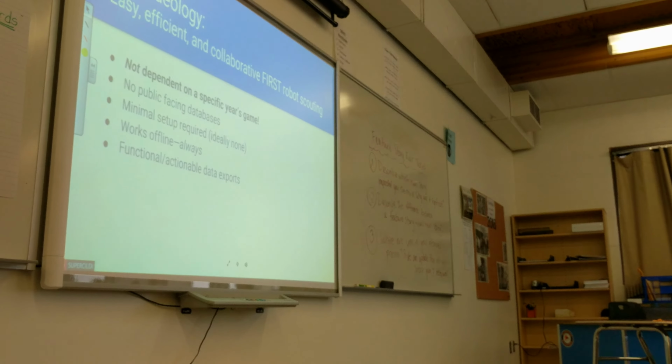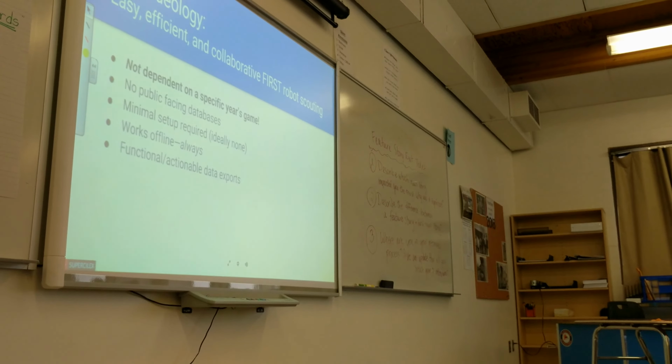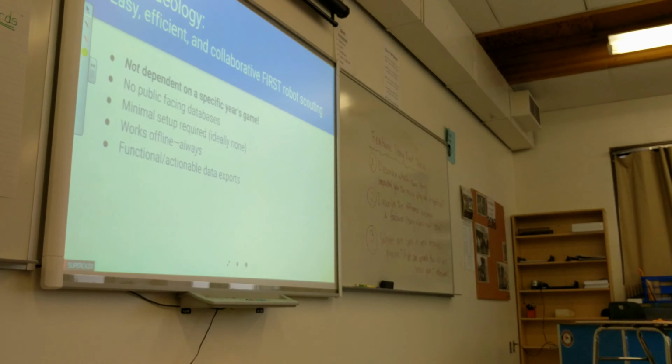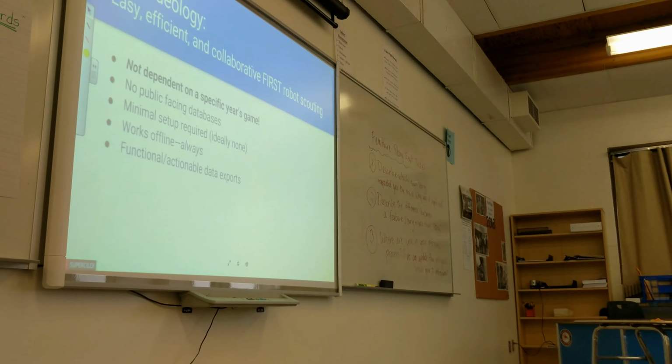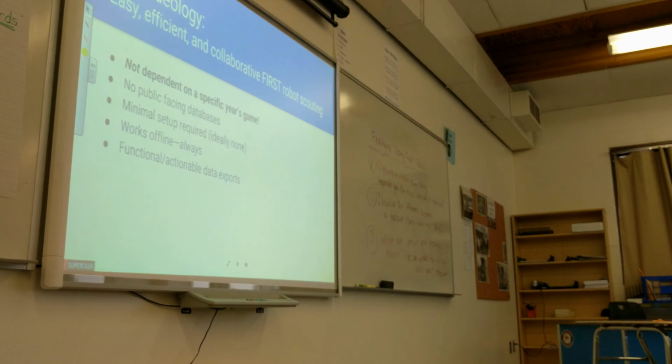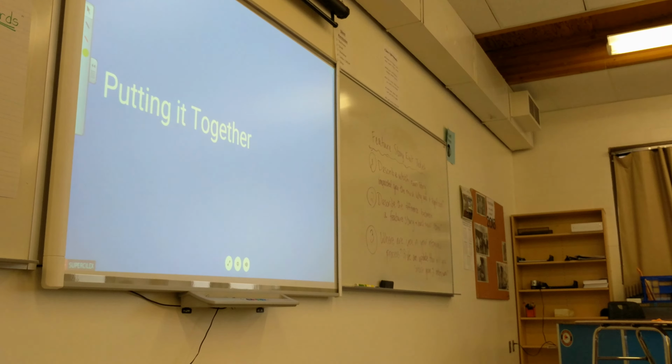So again, the no setup part, you don't have to go and do JSON or something. You can easily get going and create your own way of collecting data. And then it's got to work offline. For the exports, Robot Scouter always started with Excel because of the pretty formatting, and you can do several sheets and all of that.